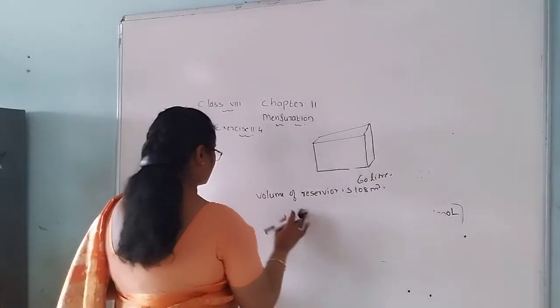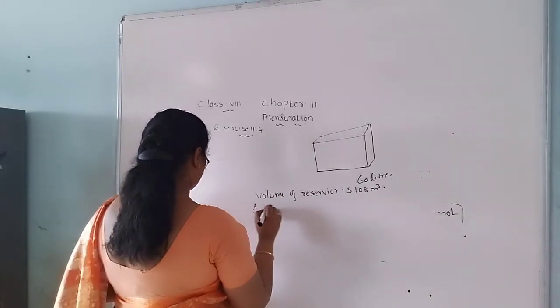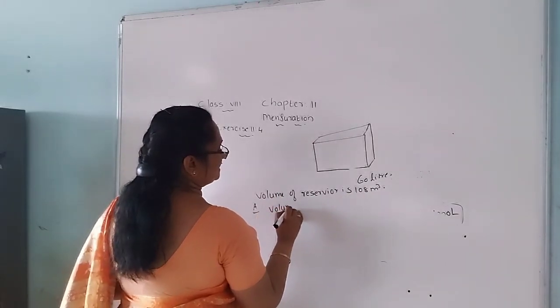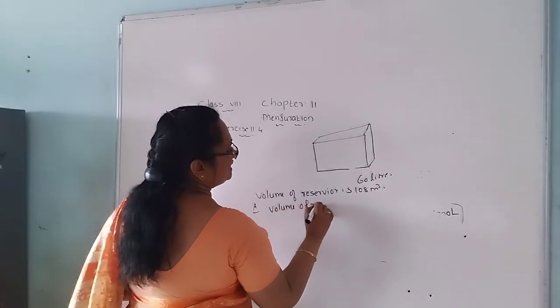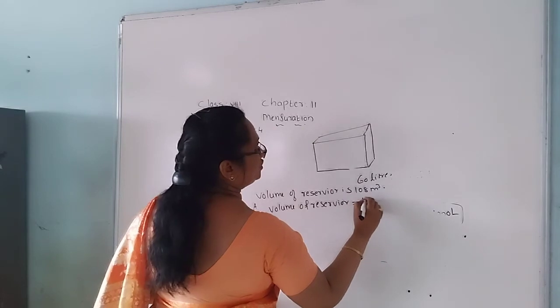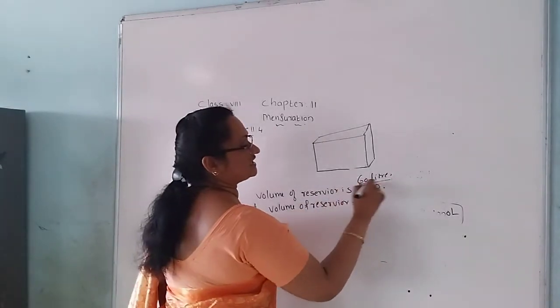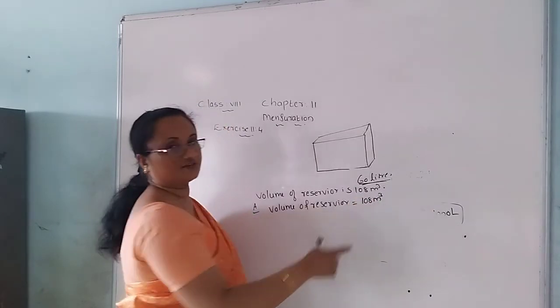The volume is given. So we can write: volume of the water tank, or volume of the reservoir, is equal to 108 meter cube. We want the answer in liters. That's why we convert meter cube to liter.